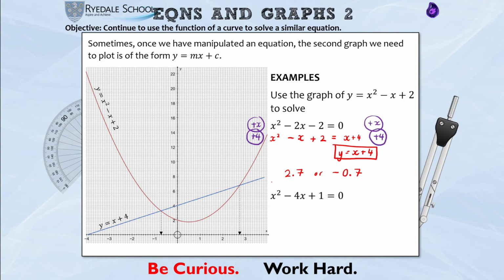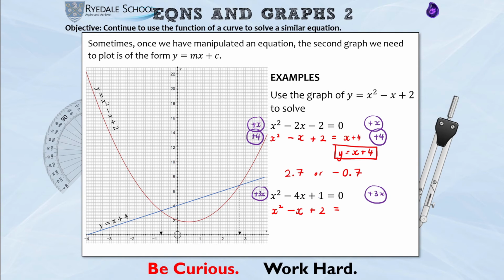Let's have a look at this next equation and see if we can manipulate it into the equation of our graph. So we need to get it back to our graph, and let's remember our graph is x squared take away x plus 2. So how can I manipulate the equation that I've got into the graph that I have plotted? Well, to go from negative 4x to negative 1x, I'm going to need to add 3 x's.